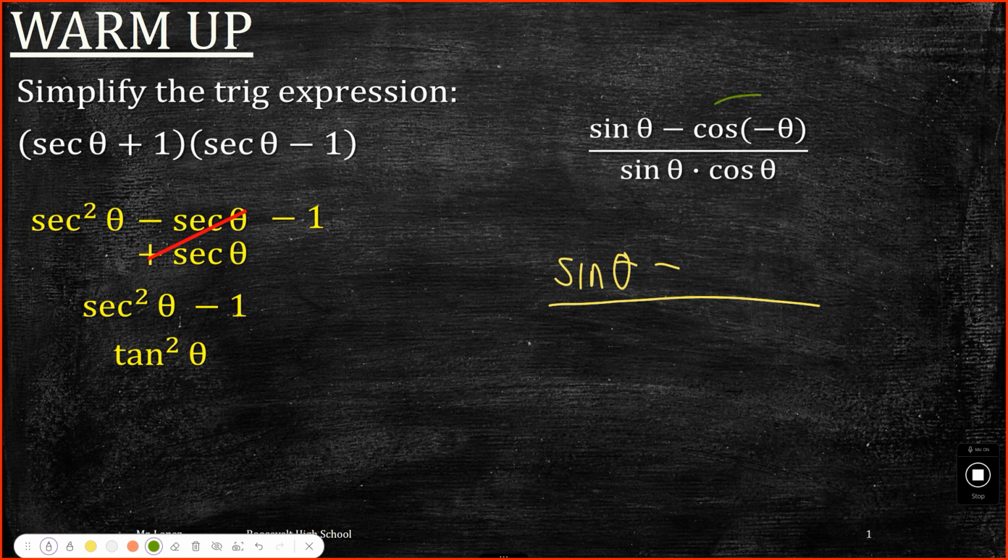What kind of function is this one, odd or even? Anybody? Even, and if it's even, cosine negative theta will equal cosine theta. Okay. Sine theta, cosine theta, sine theta, cosine theta, multiplied.